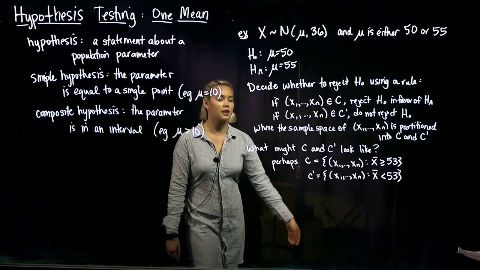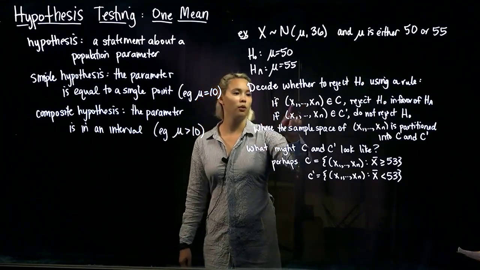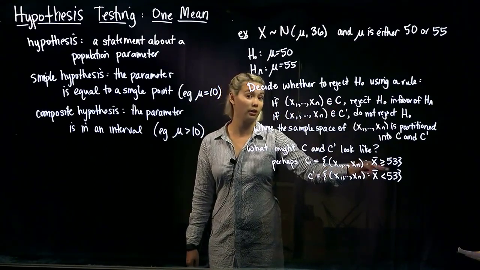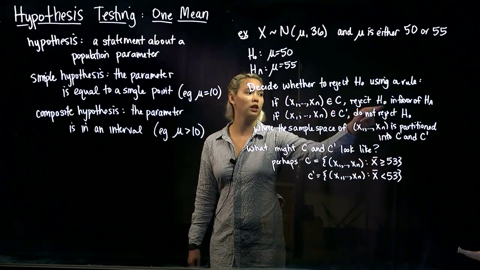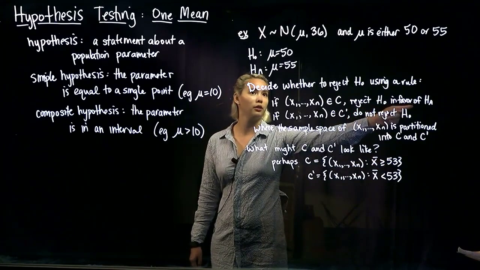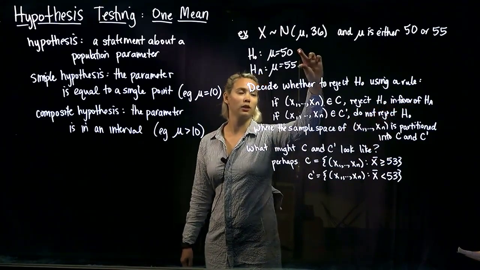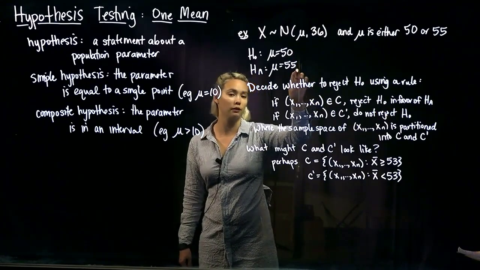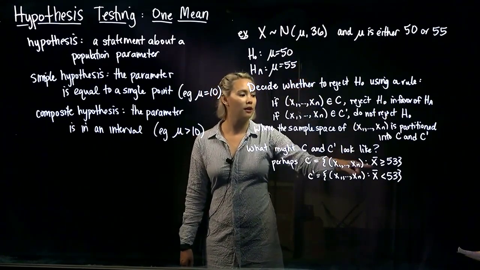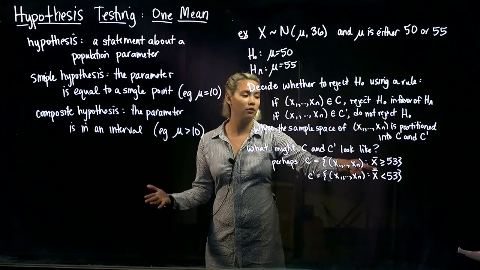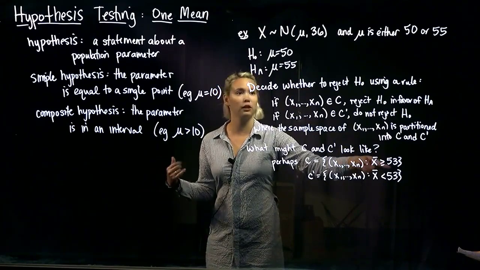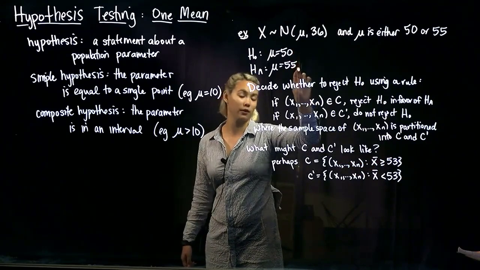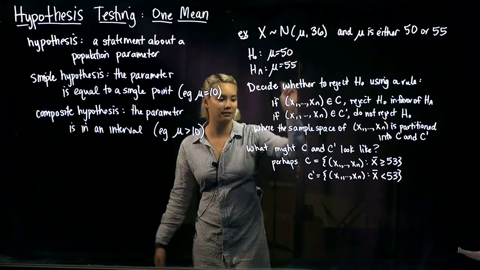So what this is saying is if our sample lands in C, in other words, if we have x bar greater than or equal to 53, we're going to reject the null in favor of the alternative. So that kind of makes sense. What's our null? It's mu equals 50, and our alternative is mu equals 55. So this is saying if our sample mean is big enough, greater than or equal to 53, then we're going to reject the null, mu equals 50, in favor of the alternative, mu equals 55.